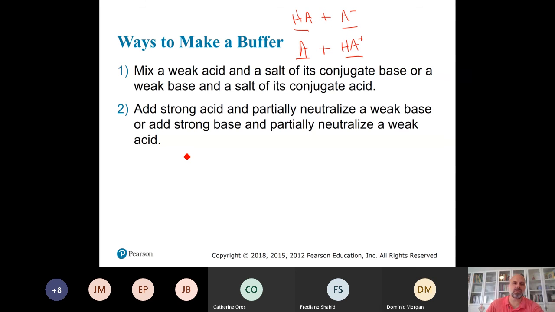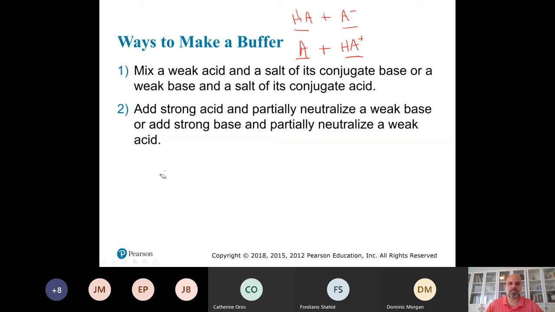The other thing that we could do is add a strong acid and partially neutralize a weak base, or add a strong base and partially neutralize a weak acid. Let me use a real example.